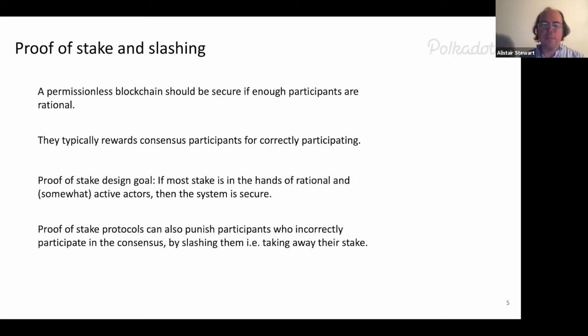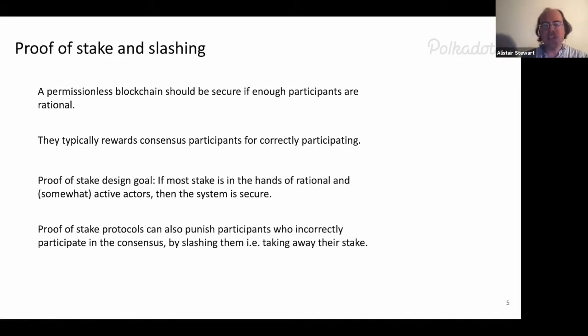So we can do this by rewarding participants for correctly participating. And I'm going to particularly be talking about proof of stake blockchain. So in proof of stake, the people who take part in consensus will be people who already have stake. And the end goal of designing the system is to argue that if most stake is in the hands of rational, and indeed, they also need to actually do something and be active, and this is often a problem in practice, then we argue that the system is going to be secure.